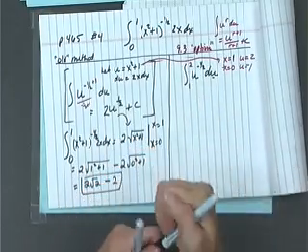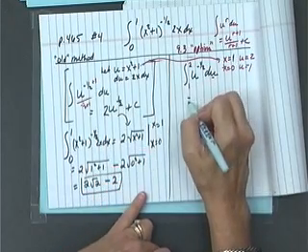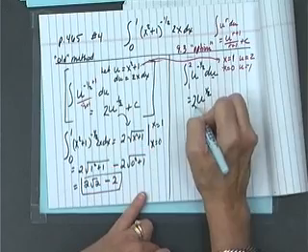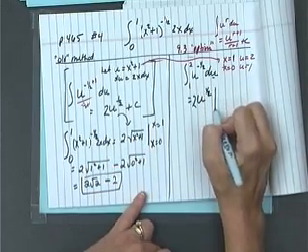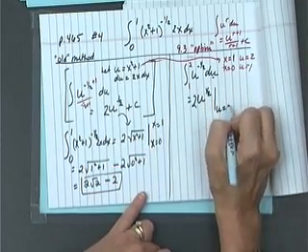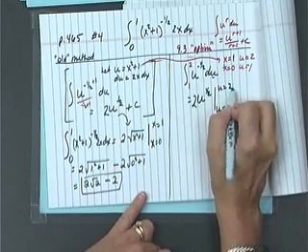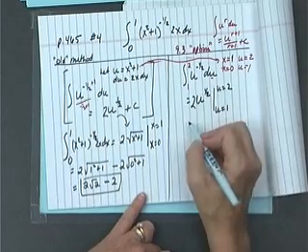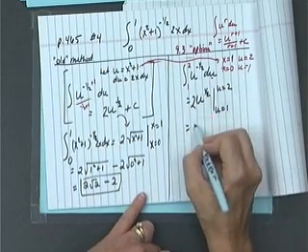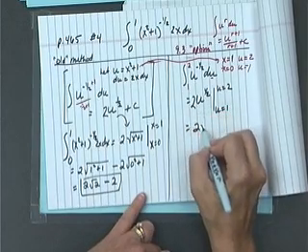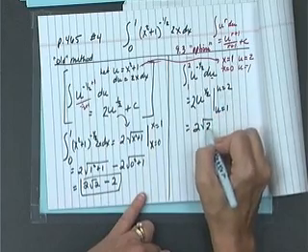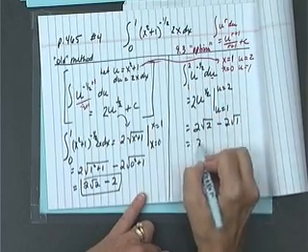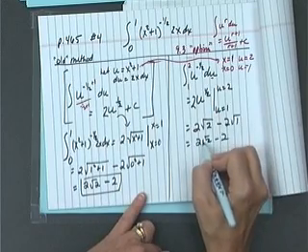So now, when I integrate this and get u to the 1/2 divided by 1/2, which is multiplied by 2, my u ranges from 1 to 2. When we substitute that in, we're going to get 2 times the square root of u, where u is 2, minus 2 square roots of 1, or 2 square roots of 2 minus 2.